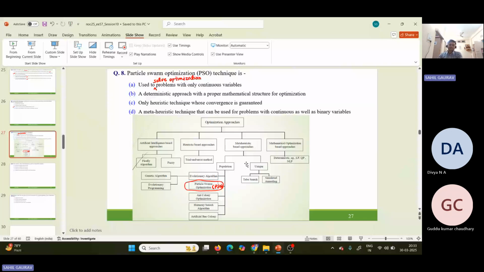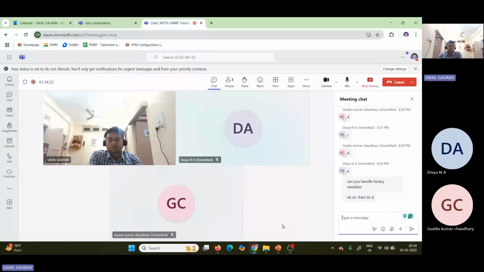There are several benefits of population-based meta-heuristic approaches. They can handle non-linearity, non-convexity, non-differentiability effectively. So yes, correct. D is the correct answer. Very good.